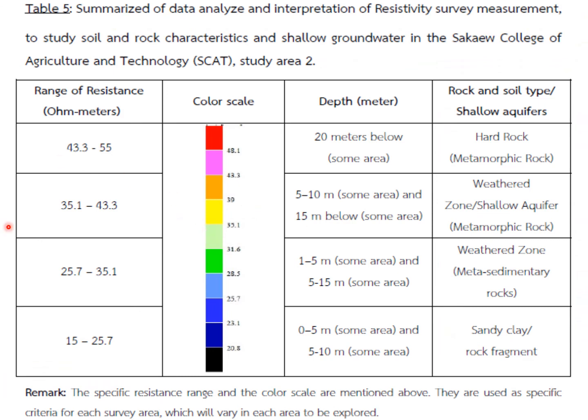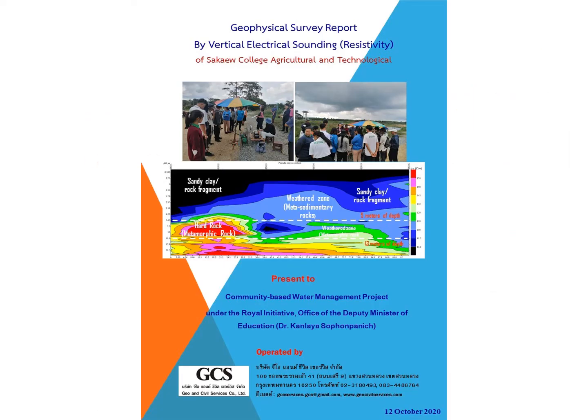And we can summarize in a table showing data analysis and interpretation to classify rock and soil type and shallow aquifer for the different ranges of resistivity in study area number 2. And then we can prepare the final report of the geophysical survey for the project.